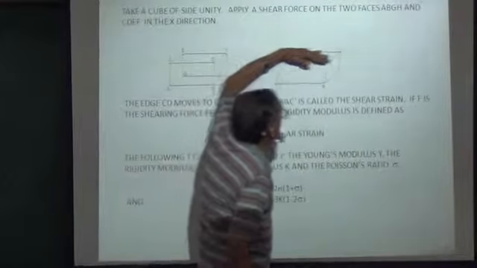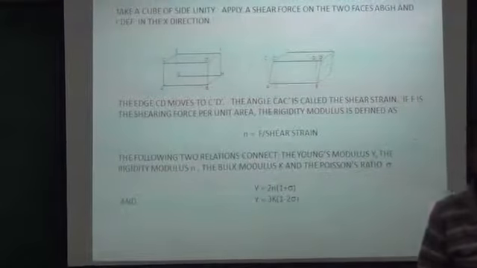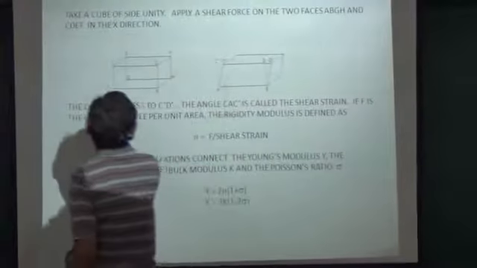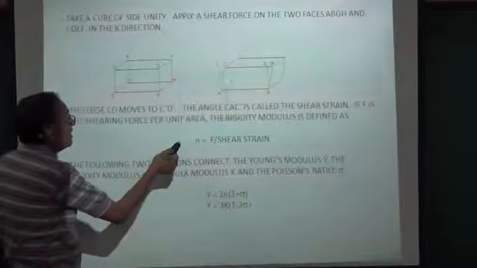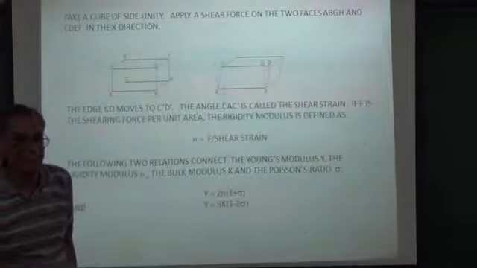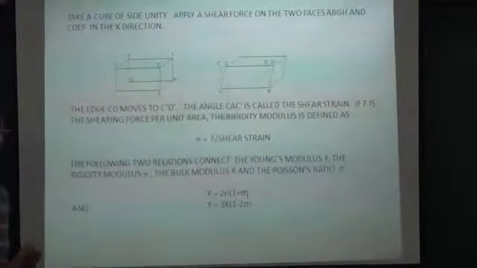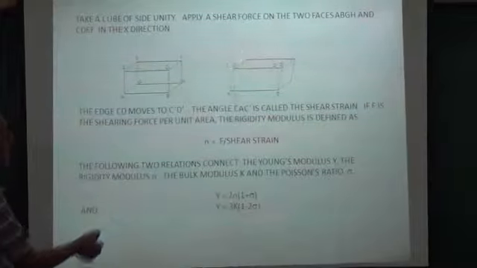That is, this face will move in the direction of the force by a small amount, and therefore this angle, which is 90 degrees, will become less than 90 degrees. So AC, which was perpendicular to AB, moves to AC dash.